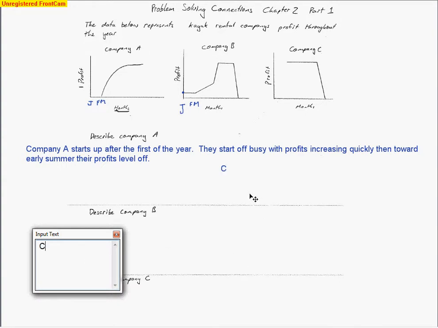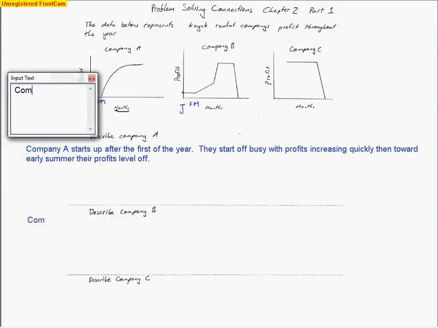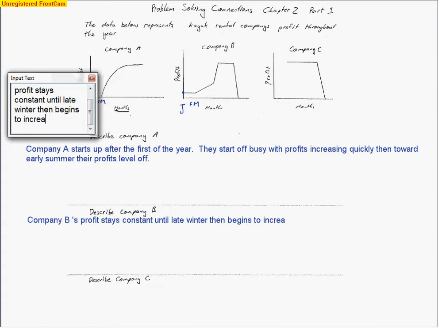So we'd say something about Company B. Profit stays constant, so it's level until late winter, possibly all the way into March, then begins to increase steadily, probably through late spring or into summer, we'll say.